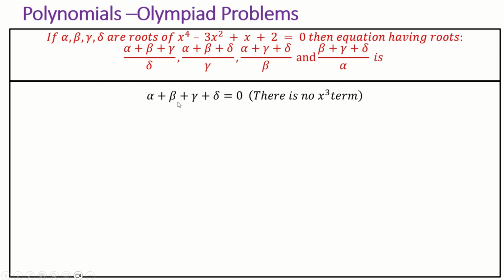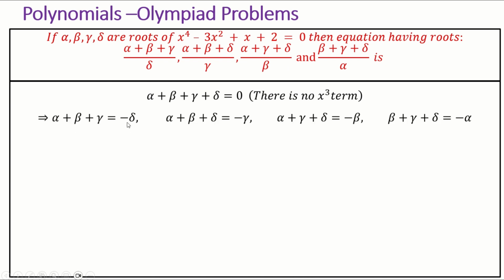We know that alpha plus beta plus gamma plus theta equals 0, because there is no x power 3 term. The x power 3 coefficient gives the sum of these 4 roots, which is 0. Which means alpha plus beta plus gamma equals minus theta, correct?